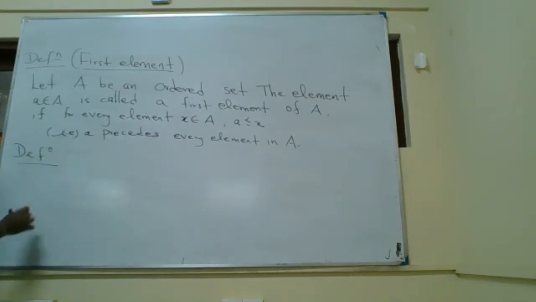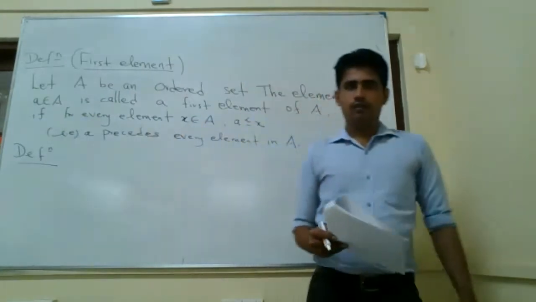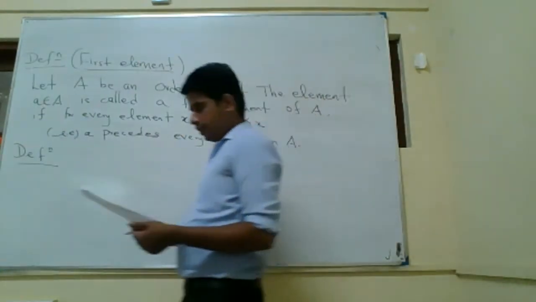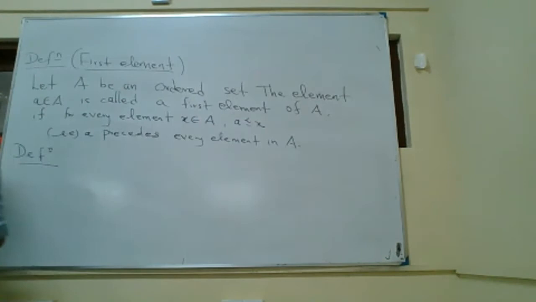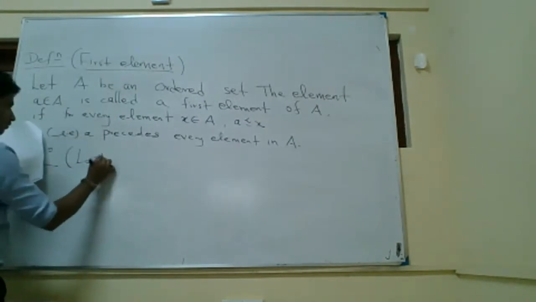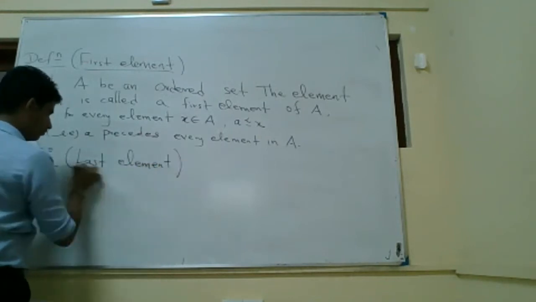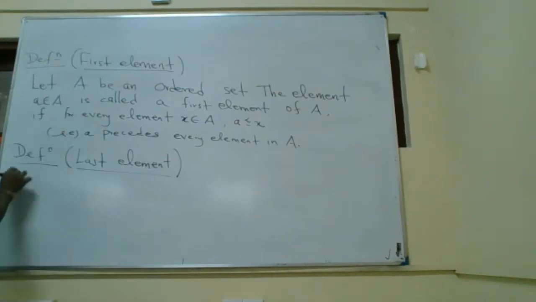From the Hasse diagram, we can find the first element and last element. Next one is the last element. Let A be an ordered set.